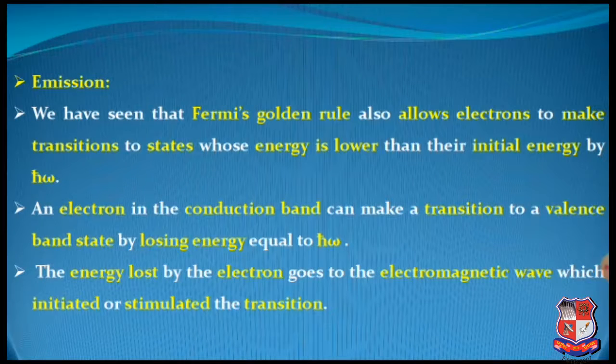Now, the second most important parameter is emission, and remember, here we are going to observe two different mechanisms. We have seen earlier in Fermi's golden rule, which allowed electrons to make transitions to states whose energy is lower than their initial energy by h cut omega. When an electron in the conduction band makes a transition to the valence band, the electron travels in the reverse direction, from a higher energy level to a lower energy level.